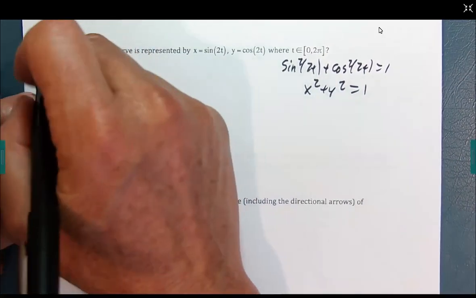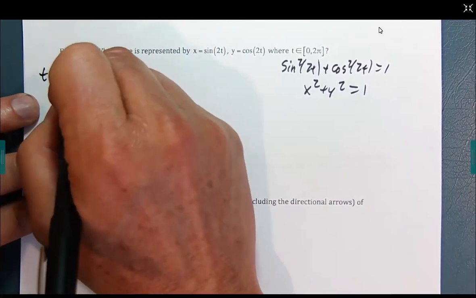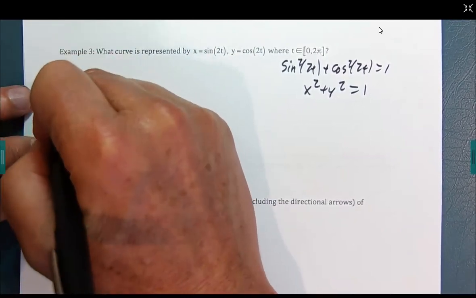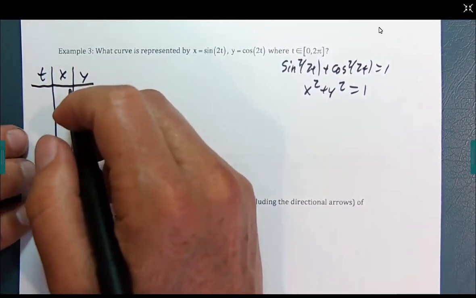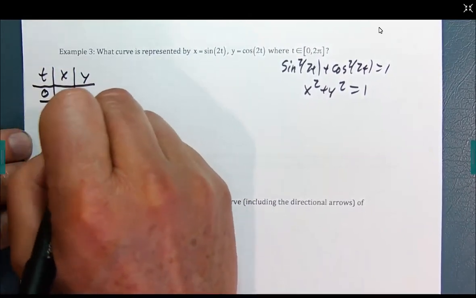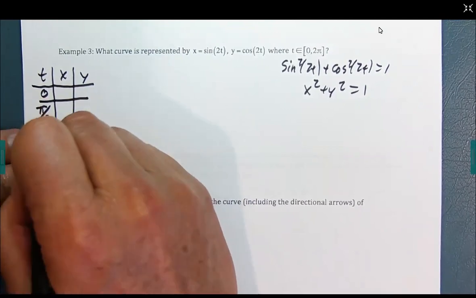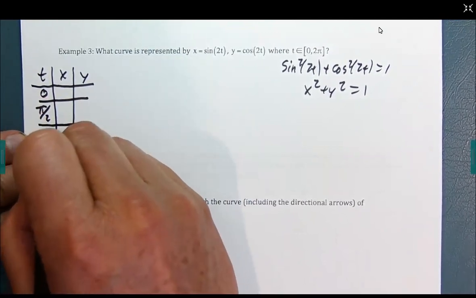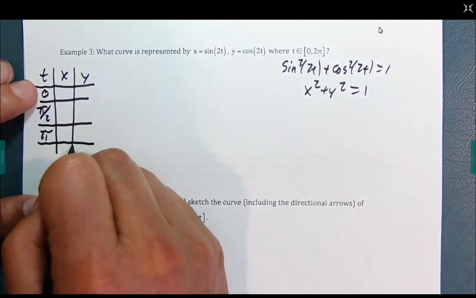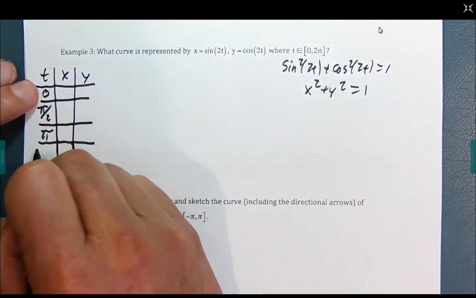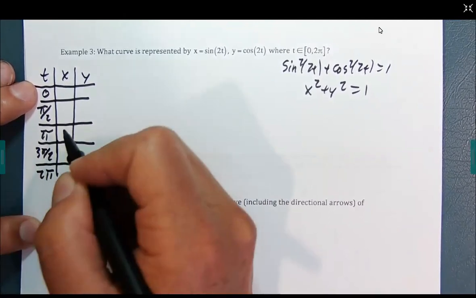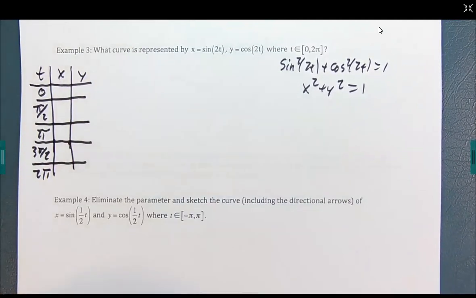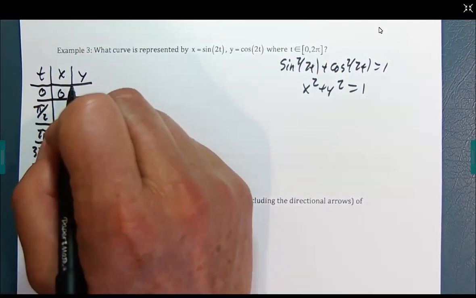Let me show you how I know that. And I'm going to show you how kind of useless this particular method is. So 0, pi over 2, pi, 3 pi over 2, and 2 pi. And the reason this is not going to work is because when I plug in 0 here, I get 0.